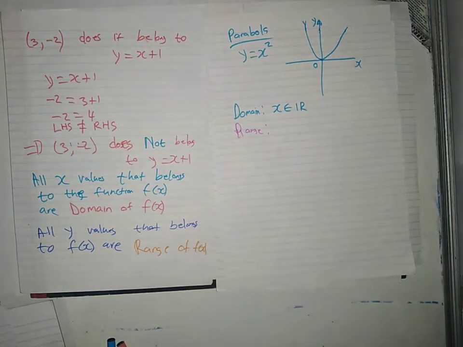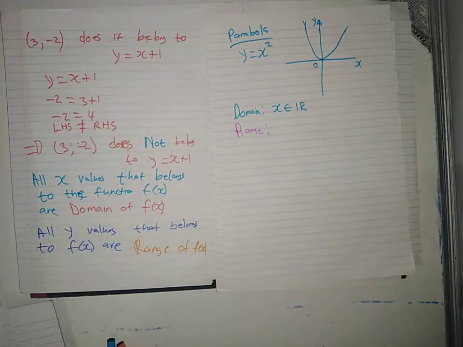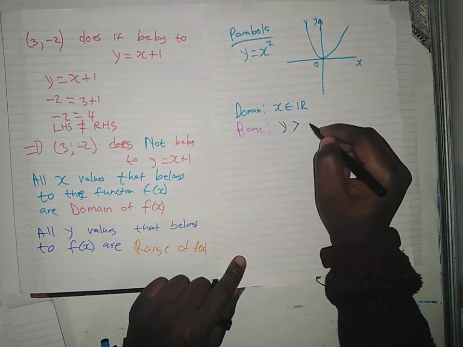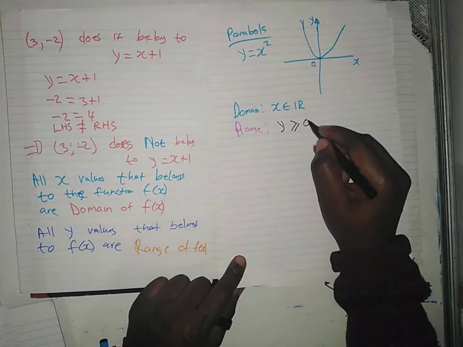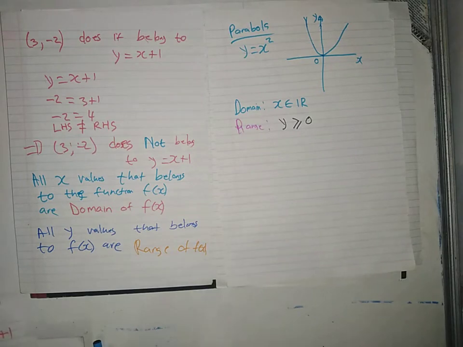Now you can see that the values of y that belong to the formula are not just anyone, the same way as it happened here, but this time it's only the values of y that are greater than or equal to 0. Now the range is changing. Does that make sense, right? Now let's go on to the next function.